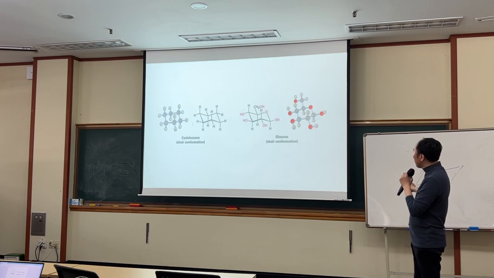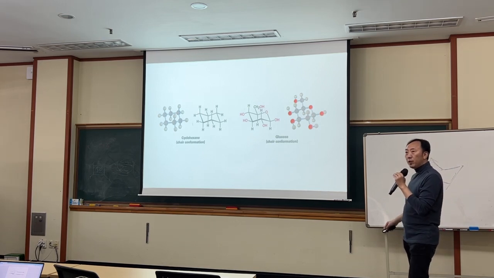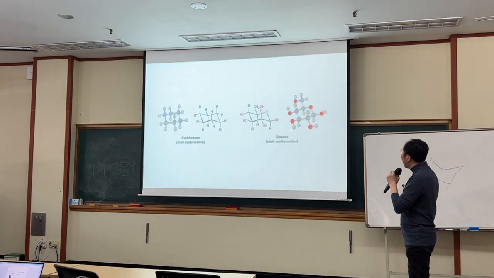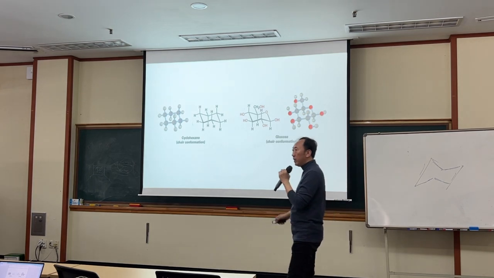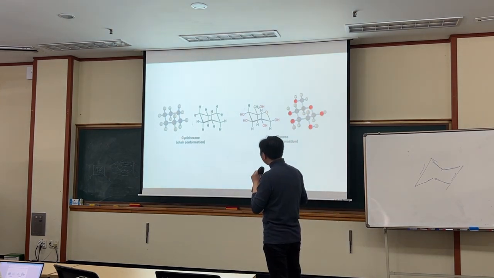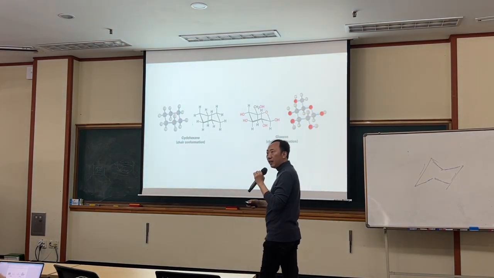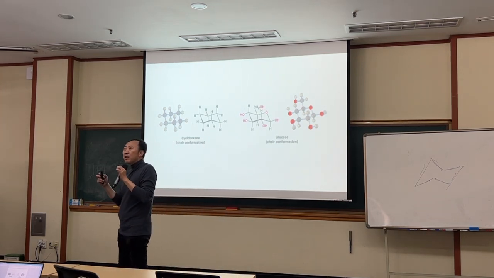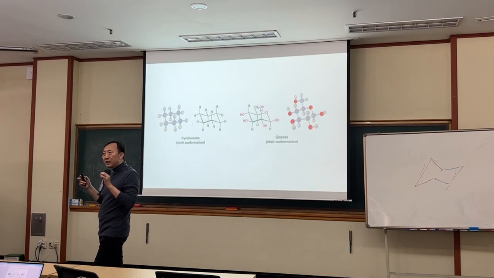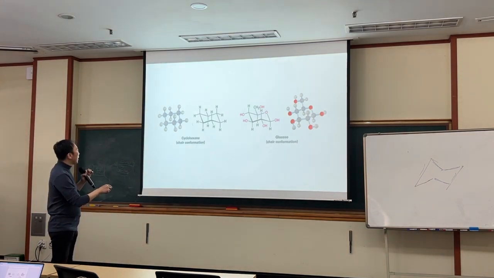Glucose has a 6-membered ring, even though it has oxygen in the middle, and it has hydroxyl groups like this. Now, if you look at the proton here, this hydrogen and this hydrogen, are they in the same position? Are they in a similar environment? This proton and this proton?